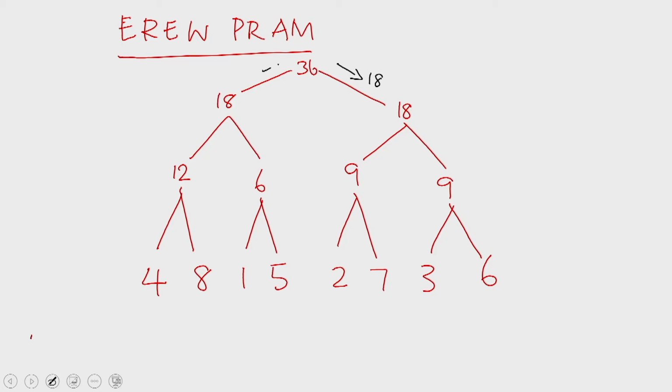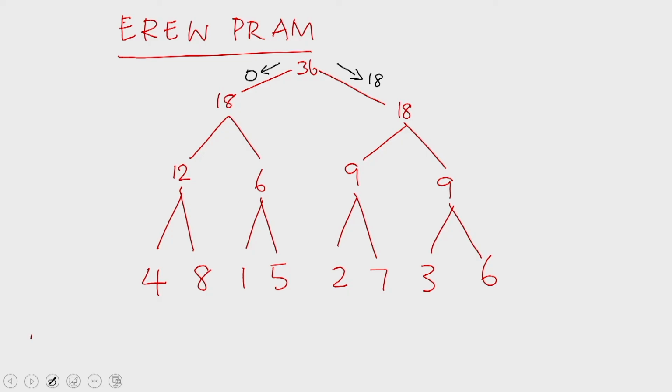The root also sees that a value of 0 should be added to the leaves in the left subtree of the root. Therefore, the root will forward a value of 0 towards its left side and a value of 18 towards its right side.